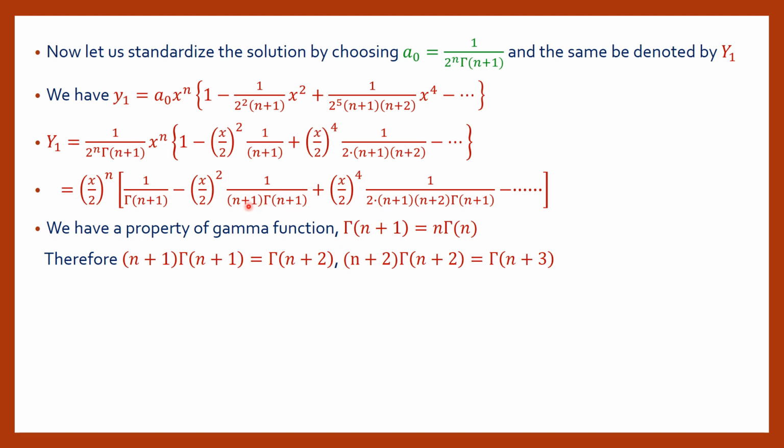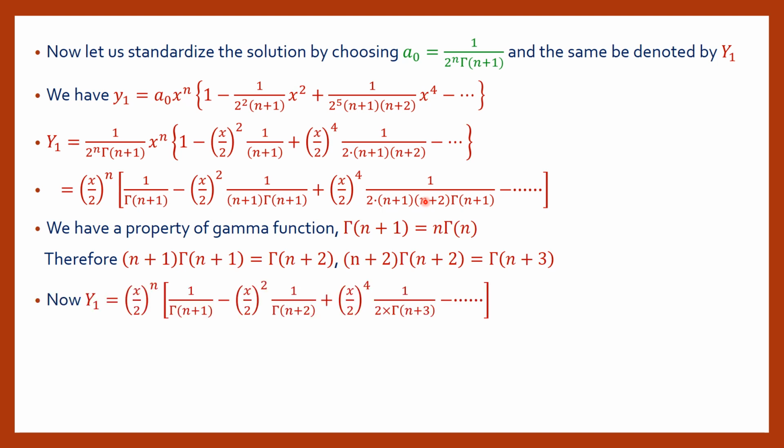N plus 1 into gamma n plus 1, we can replace it as gamma n plus 2. And here we have n plus 1 into gamma n plus 1 initially, that will be gamma n plus 2. Then we have n plus 2 here, and n plus 2 into gamma n plus 2 will be gamma n plus 3. Let me substitute this property.